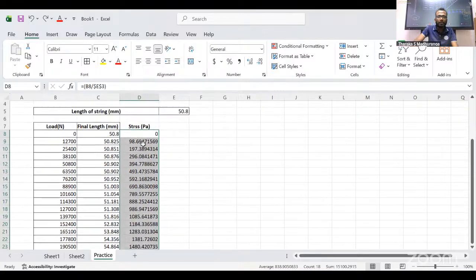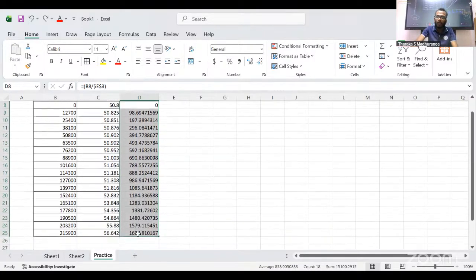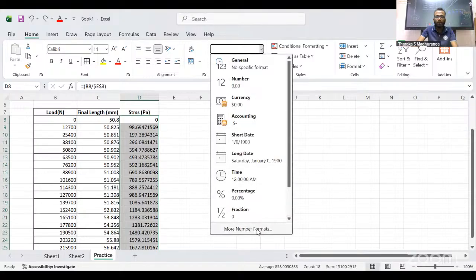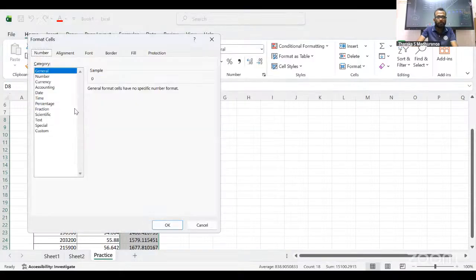Okay, this is a method. You can select the area of changes and go to the number section. In the number section there is the General tool, and select more number formats, and you can select what's your requirement: accounting, currency, date, time.